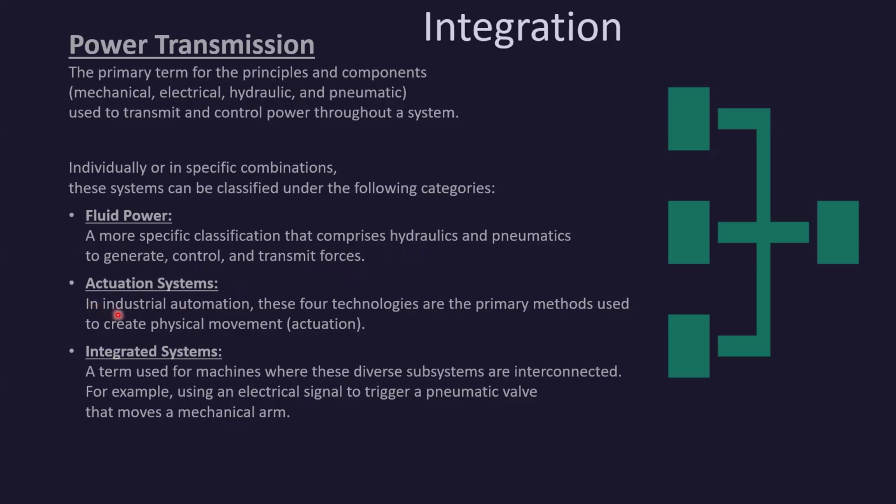Actuation systems in industrial automation. These 4 technologies are the primary methods used to create physical movement actuation. Well, you see, if we didn't talk about the main powertrain system and the pilot lines and the actuation, this thing would not mean anything to you.